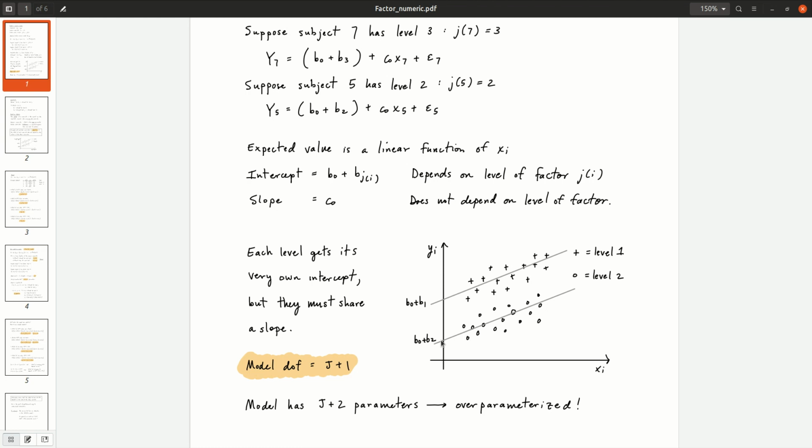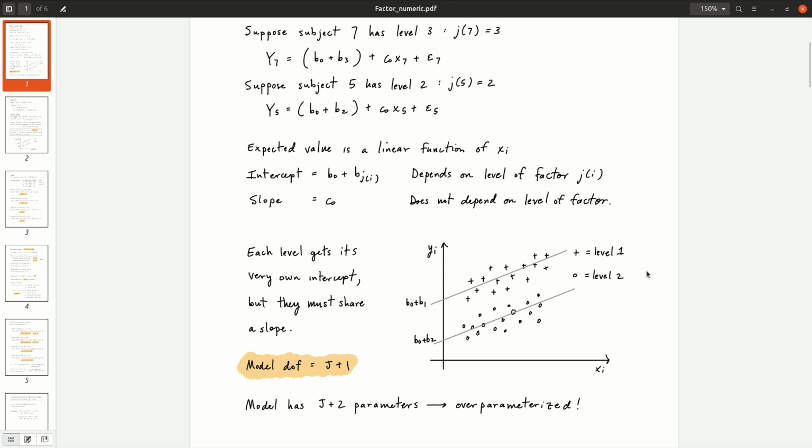So within a level, for level 1, this is the linear relationship, this gray line. And then within level 2, this is the linear relationship. You'll notice, if I've drawn these well enough, that the slopes are the same, which makes these lines parallel, but the intercepts are different. So the intercept for this one is b0 plus b2, and the intercept for this one is b0 plus b1.